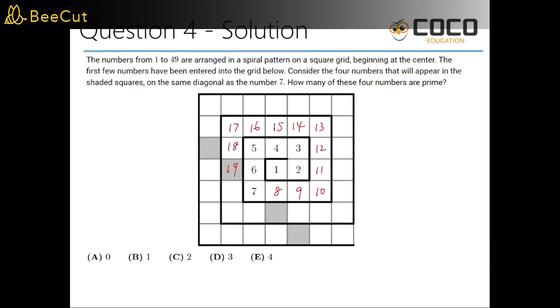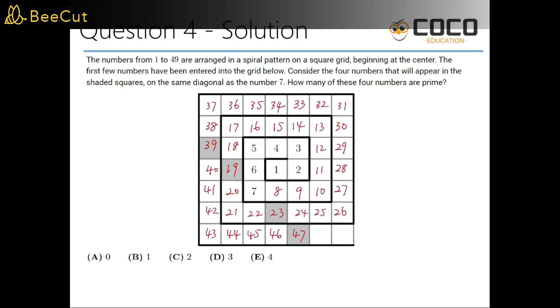This one's 19, 20, 21, 22, 23, 24, 25, 26, 27, 28, 29, 30, 31, 32, 33, 34, 35, 36, 37, 38. This one is 39, then 40, 41, 42, 43, 44, 45, 46, 47.